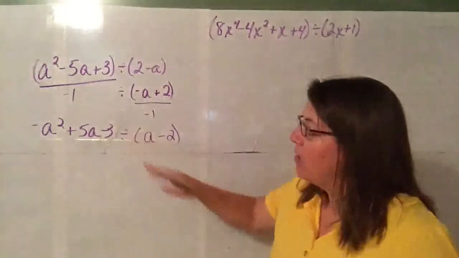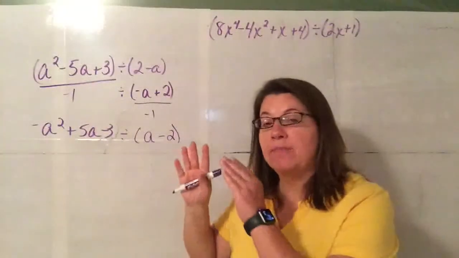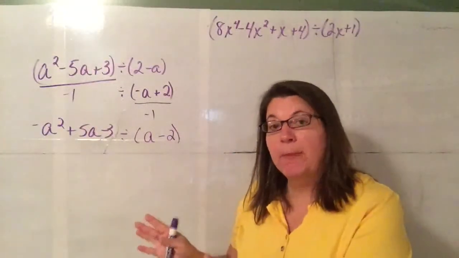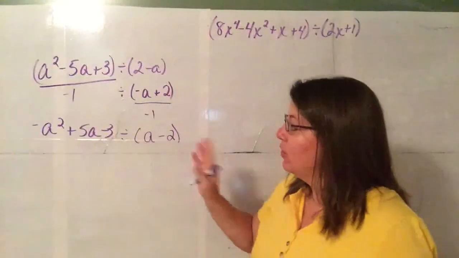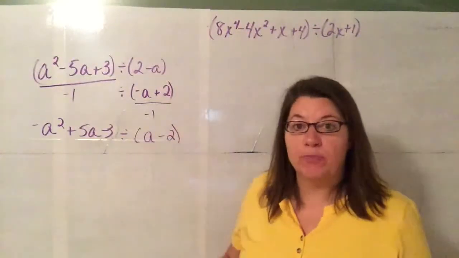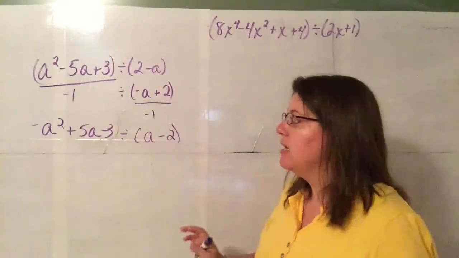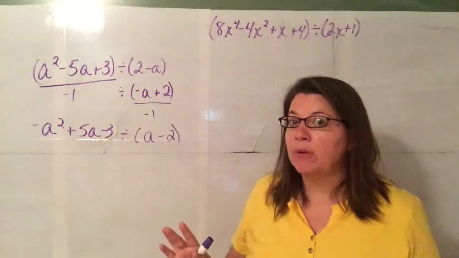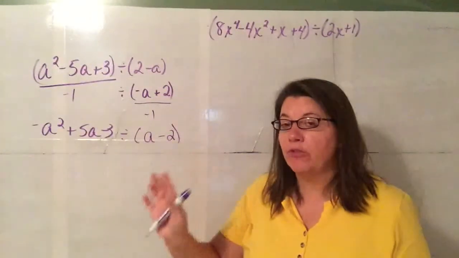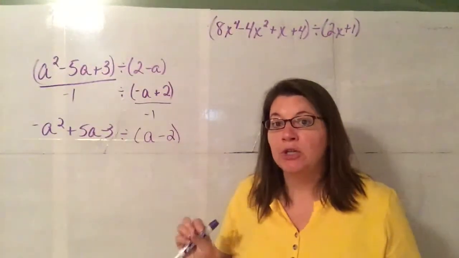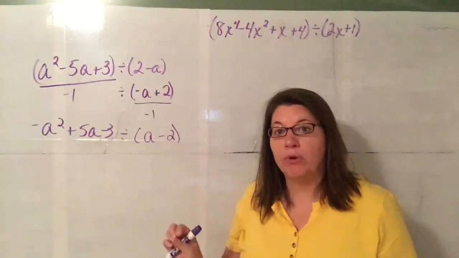And that allows me to have something that is the same value but looks different. And it looks the way it needs to look in order for this process to work. Okay? So we didn't change the value of the problem because we did it to both parts. We just made the problem look different so that we could use the process.